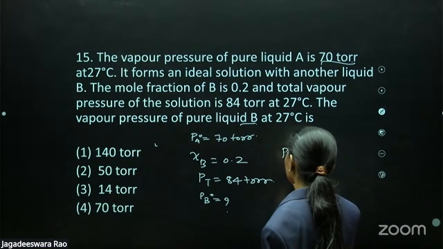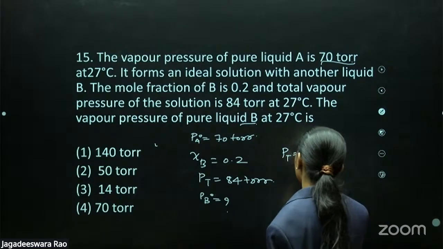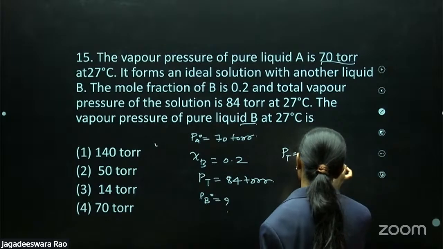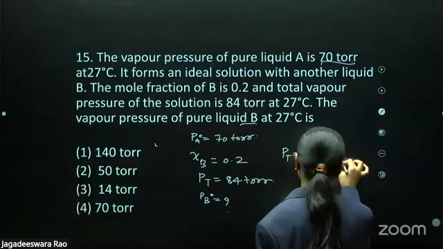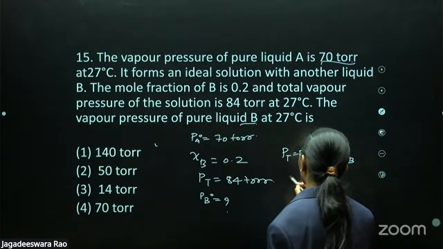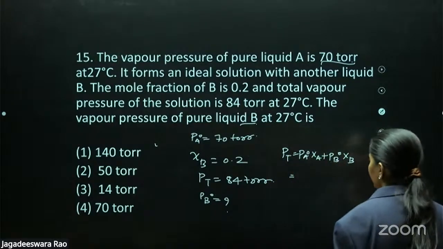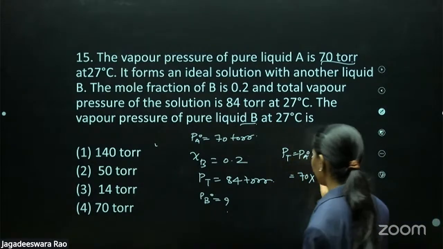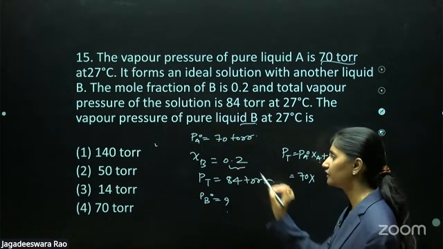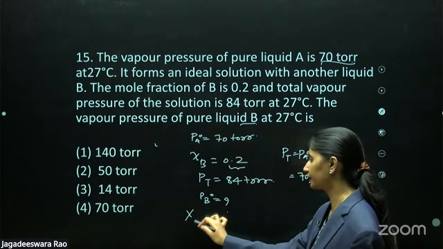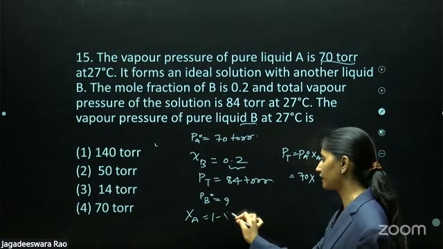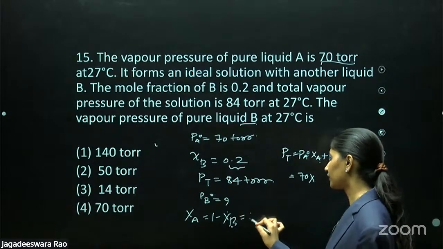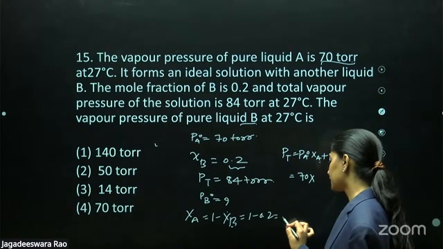So PT is equal to PA naught into XA plus PB naught into XB. Now, PA naught is 70 torr into the mole fraction of A. We don't know the mole fraction of A, but we know B. Correct? If you know B, can I tell that mole fraction of A is equal to 1 minus XB, which is nothing but 1 minus 0.2, which is equal to 0.8.